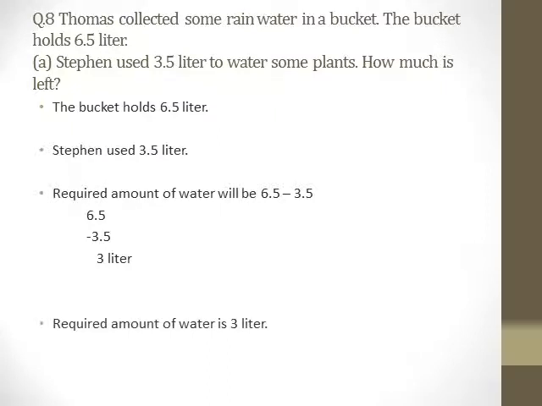So I will say the required amount of water is 3 liters, and 3 liters of water is left in the bucket. The question was asking how much is left, so the amount of water left is 3 liters in the bucket. You simply subtract 3.5 liters from the 6.5 liters just to find out how much water is left.